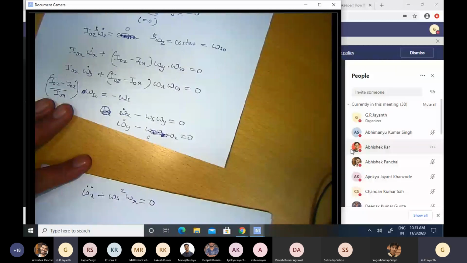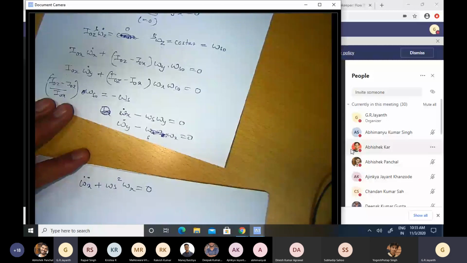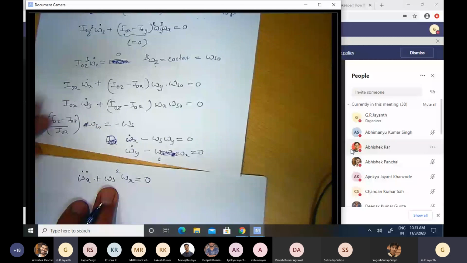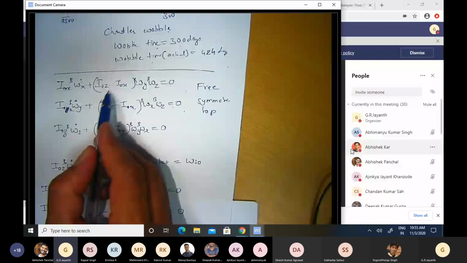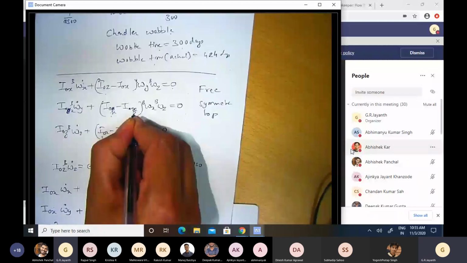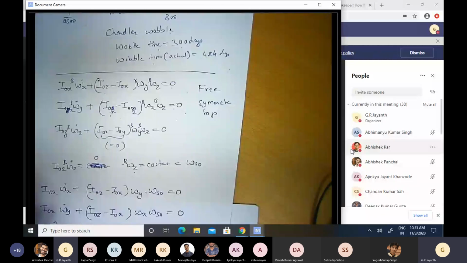I think there is a problem here. You will not get this expression because I have written these equations wrong. This is not I0, this is I0z minus I0x, and I think here it is I0x minus I0z. There's a sign reversal here, which I have not written down in my notes. I'm sorry, please make note of that change. So this is going to be minus here.